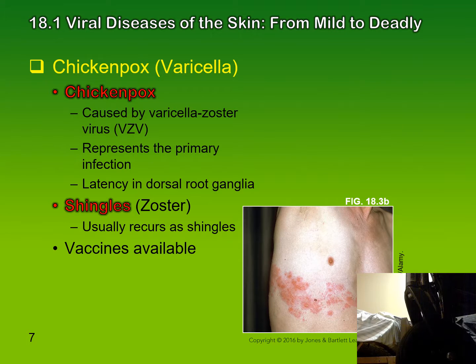There are some vaccines available to help prevent shingles, and shingles is generally a disease of older people, and so if you get the vaccine while you're younger, you can keep the shingles from happening.